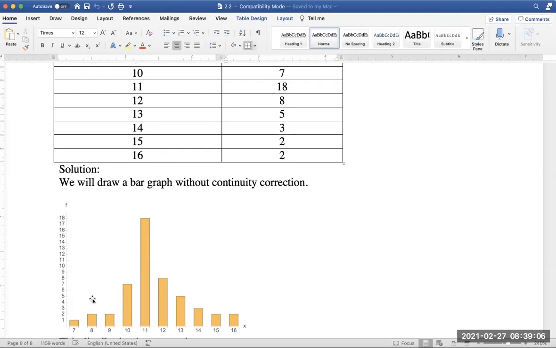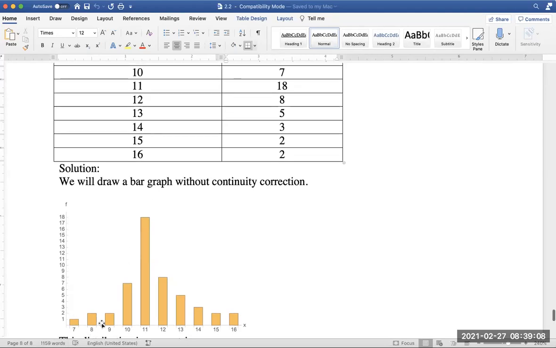This is what my bar graph looks like without continuity correction.